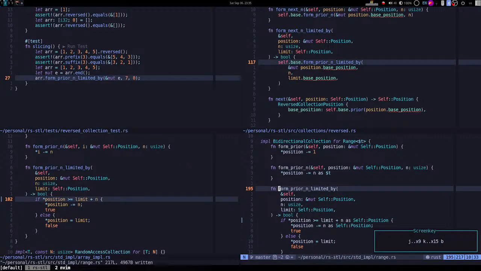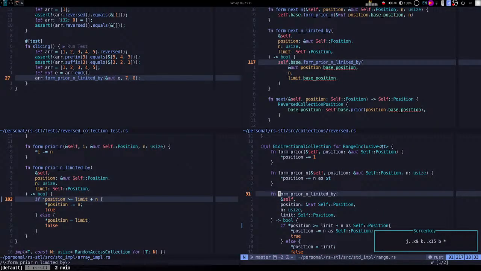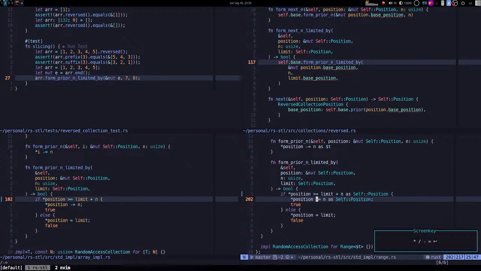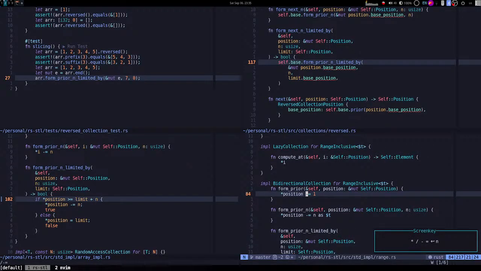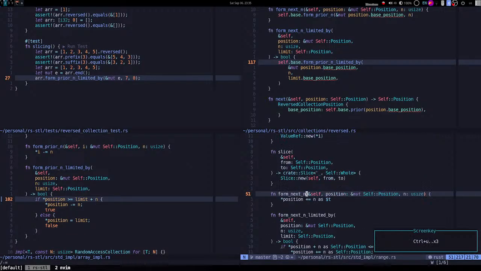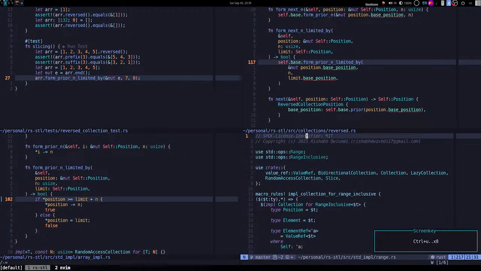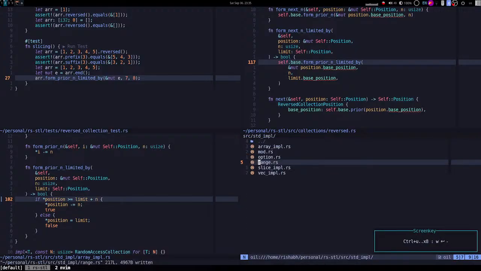And I think we only have two such ones. I will have to check how many times I have done minus, because these minuses are problematic, right?